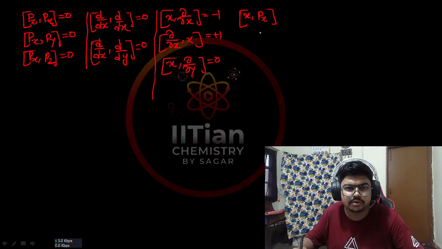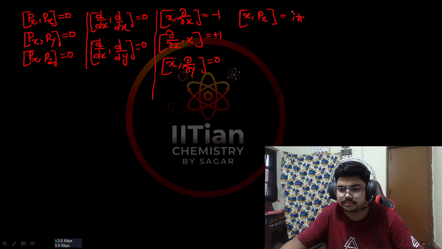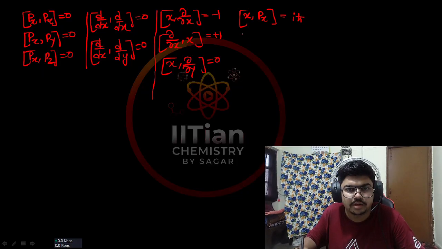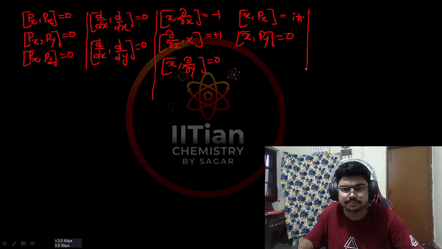It is i h cross, right? x px is i h cross. But if it's x py, then it will be 0. Similarly for reverse, we will see it.